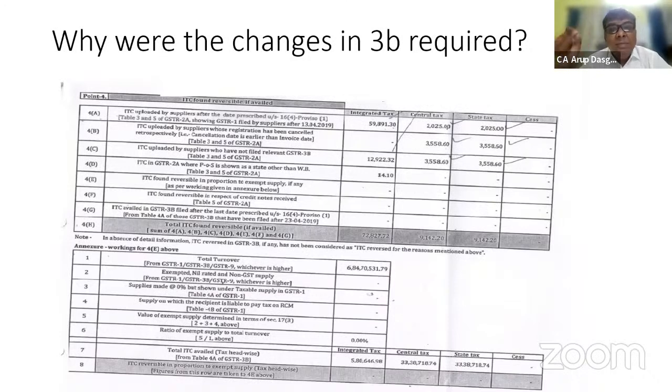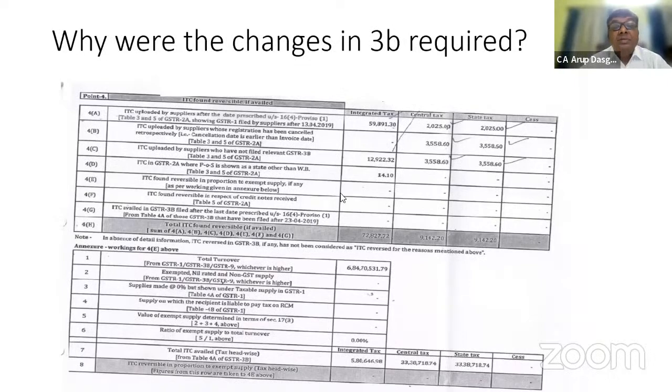In that situation, there is a mismatch. Why? Because in the next year, that figure will not come in my 2A because it came in my earlier 2A. So all these disclosures could not be made properly and there was a lot of confusion.